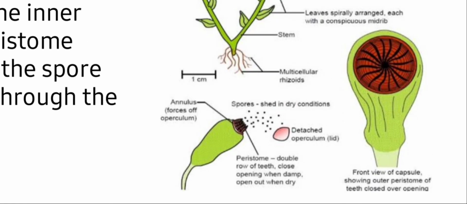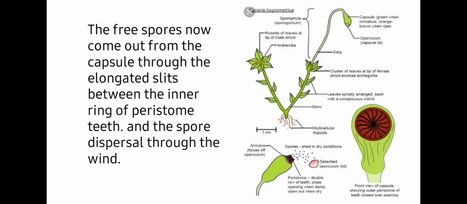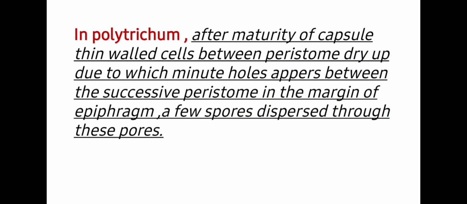So you can see in this image, after removal of the operculum, peristome teeth are exposed, they undergo a split and release the spores. In Polytrichum, after maturity of the capsule, thin walled cells between the peristome dry up, due to which minute holes appear between the successive peristome teeth in the margin of the epiphragm. A few spores disperse through these pores.